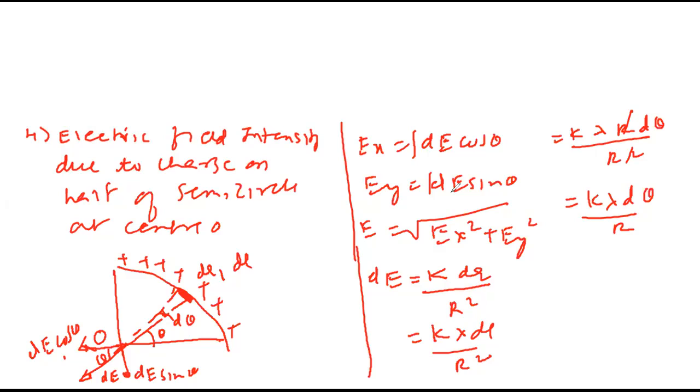Just copy till this, then I'm clearing the screen and writing the derivation. Ex is integration of the horizontal component, Ey is integration of vertical downward dE sin theta, then result will be Pythagoras theorem. The formula of dE in magnitude is k into small charge dq upon r square, and dq is lambda dl. dl is nothing but r d theta.